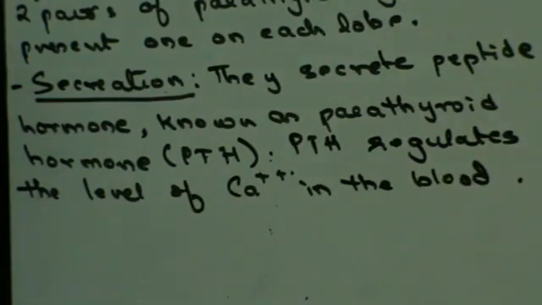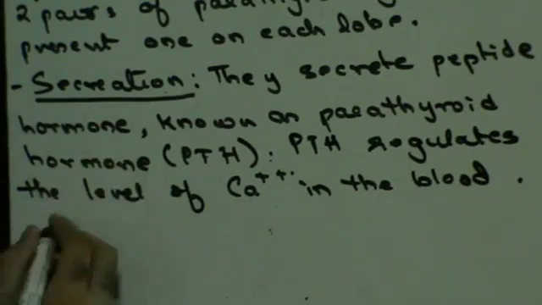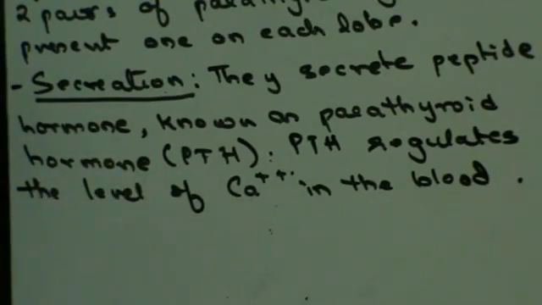Right? This hormone increases the calcium level in the blood. When this hormone increases the calcium level in the blood, it is called hypercalcemia, right? Thus calcium balance is maintained with the help of this particular hormone, right?